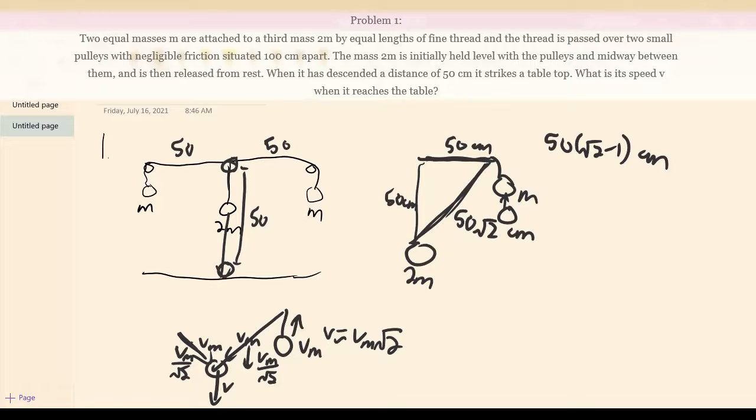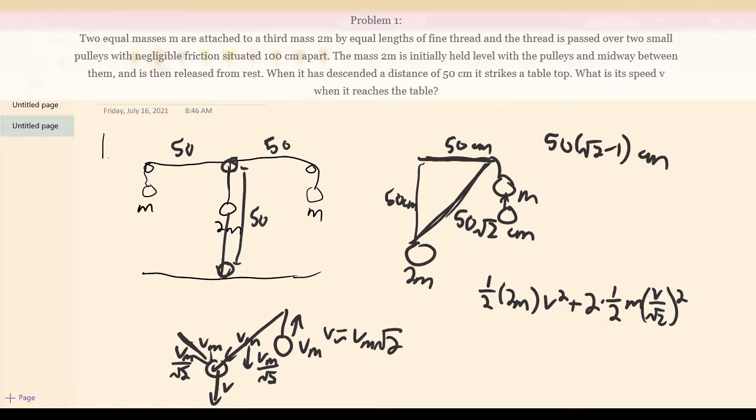So for the large mass 2m, it would be 1/2 times 2m times V squared, because that's what we're solving for, plus the two smaller masses times 1/2 of m times (V over square root 2) squared.